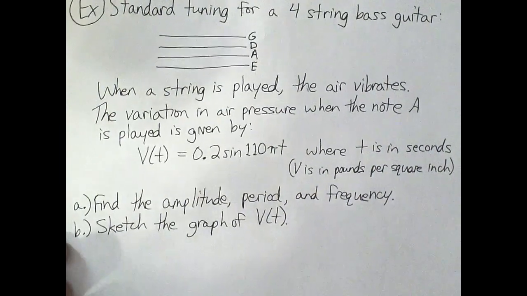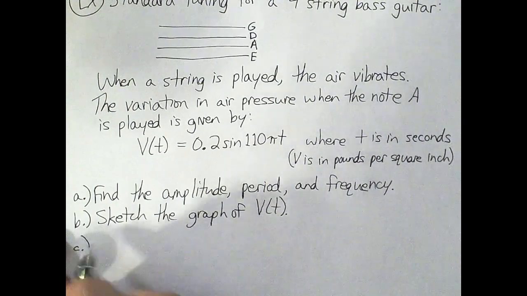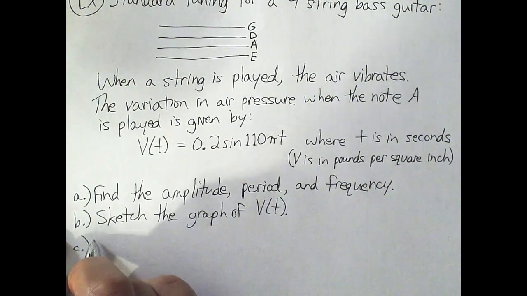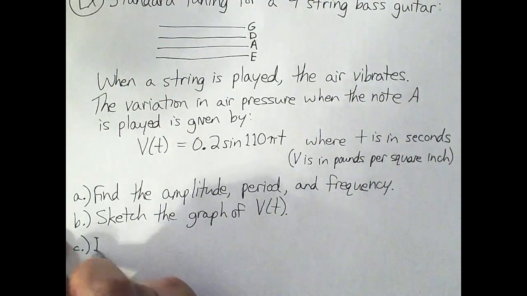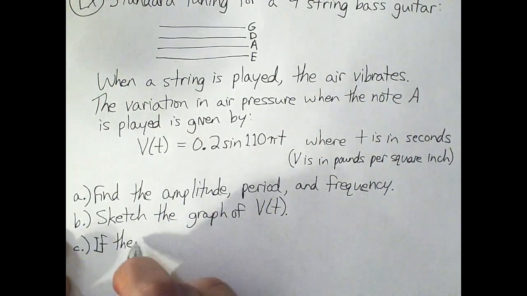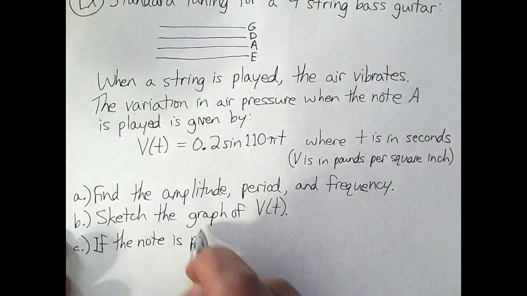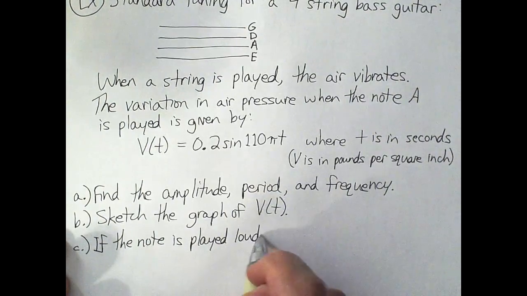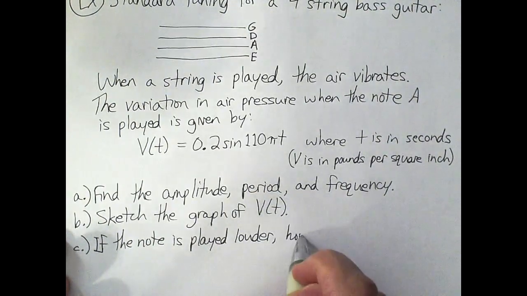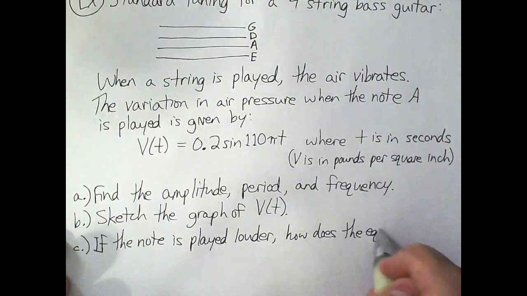We should be able to do that based on the discussion we had about what the graphs look like. I'm going to ask you to try these, but I have 2 more questions. If the note is played louder, how does the equation change?